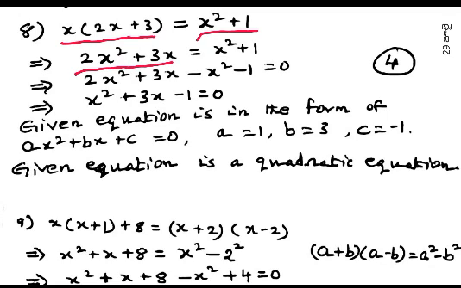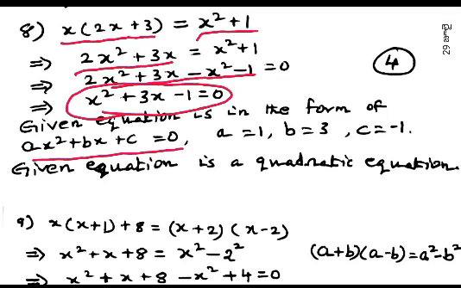Now bringing all the terms to the left hand side, we get the equation x² + 3x - 1 = 0. Now it is in the form of ax² + bx + c = 0, where a = 1, b = 3, c = -1. Hence, the given equation is a quadratic equation.